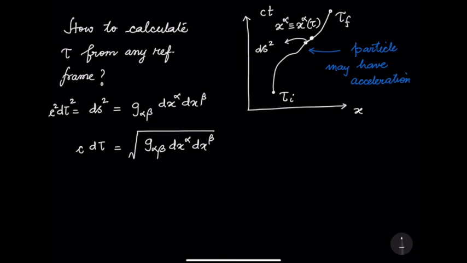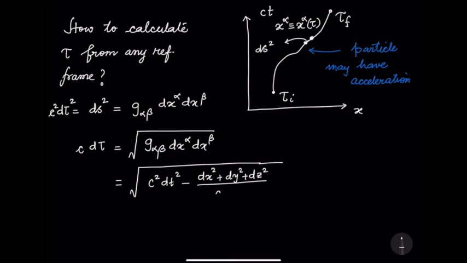If I just for a moment break it out in terms of the components, this is c square dt square minus dx square plus dy square plus dz square.